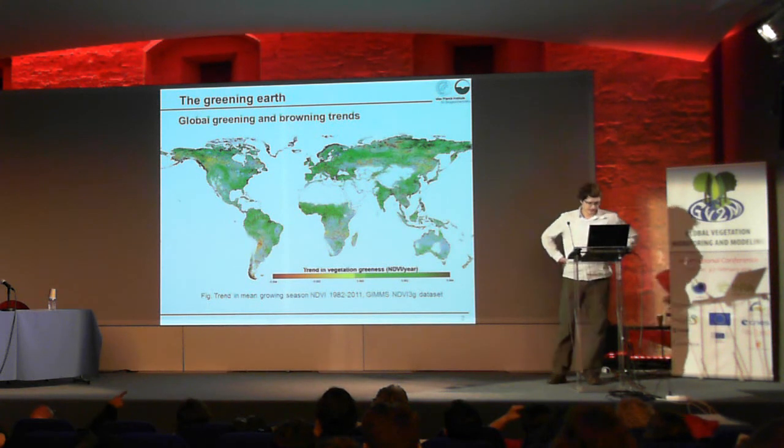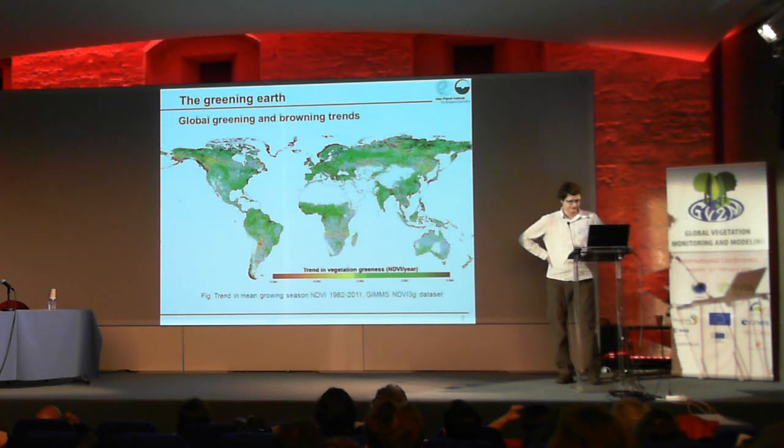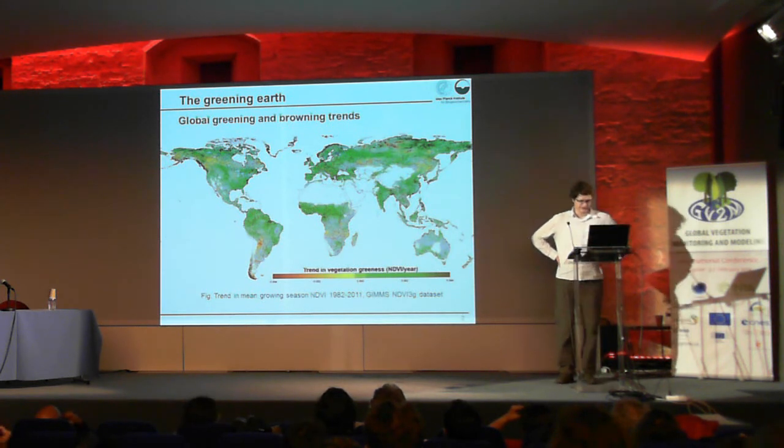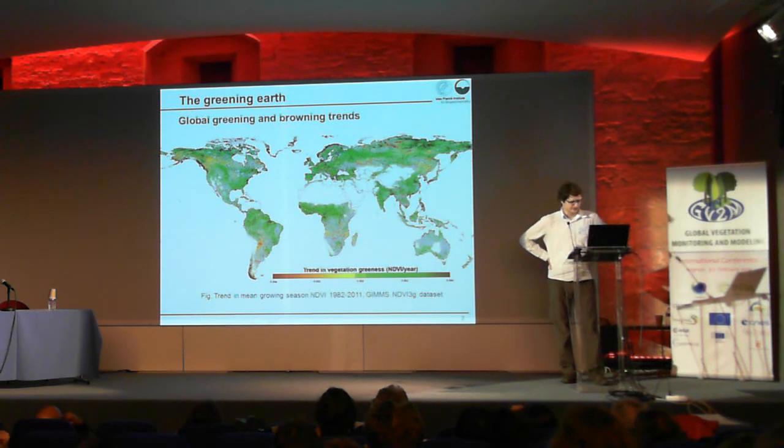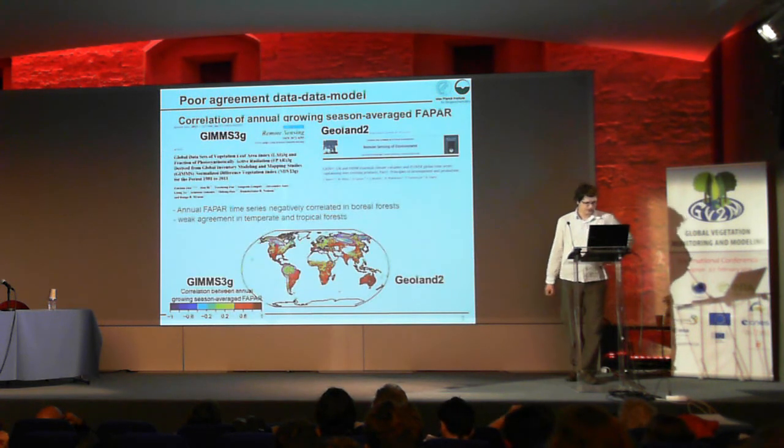Overall there is more greening present on the land surface, especially in tundra regions, for example in northeast Siberia, but there are also some smaller areas where browning occurs.